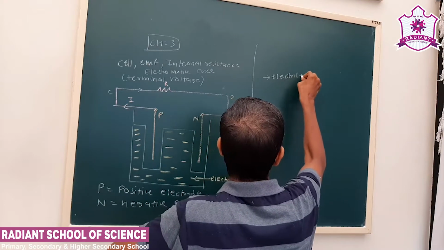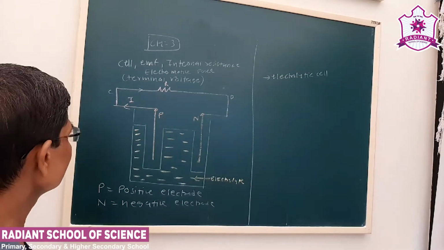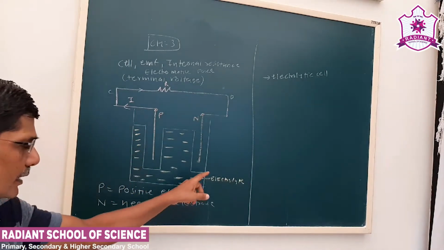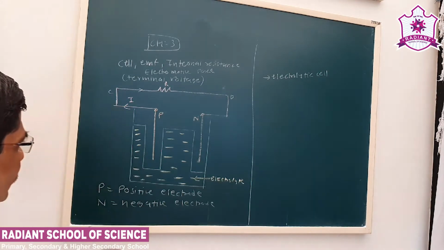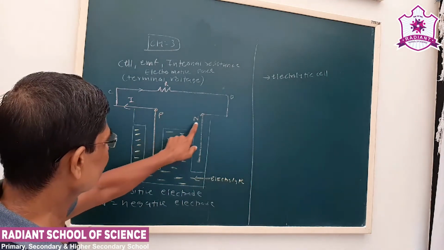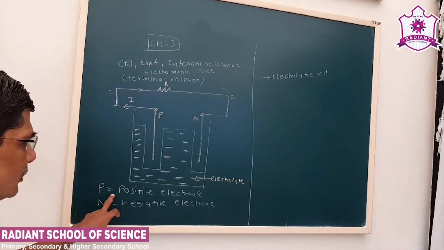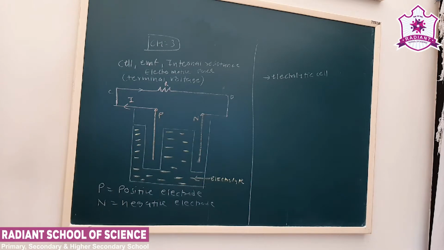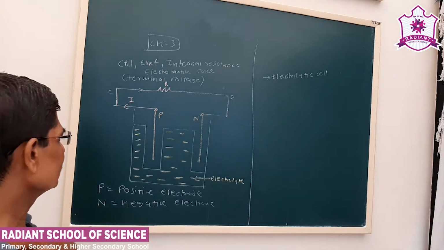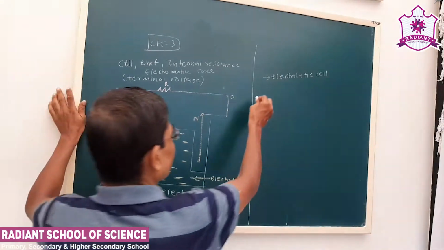In an electrolytic cell, we know there is a vessel, let us say a glass vessel. This is the electrolyte, and there are two electrodes, one positive and the second negative. The positive electrode is denoted as P and the negative electrode is denoted by N. The electrodes exchange charge with the electrolyte.